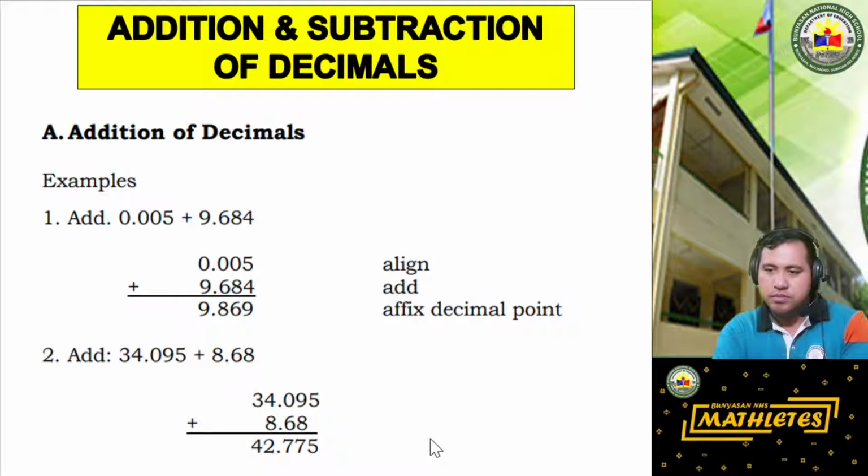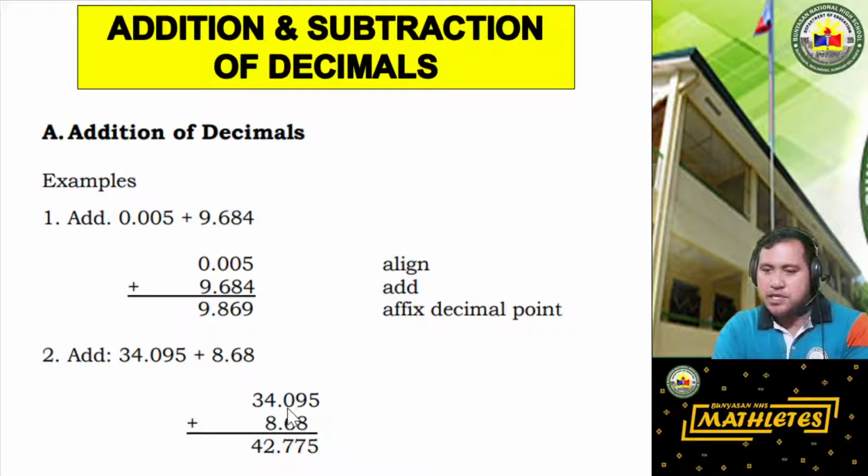The 8 is in the ones place, so you align it with the 4.